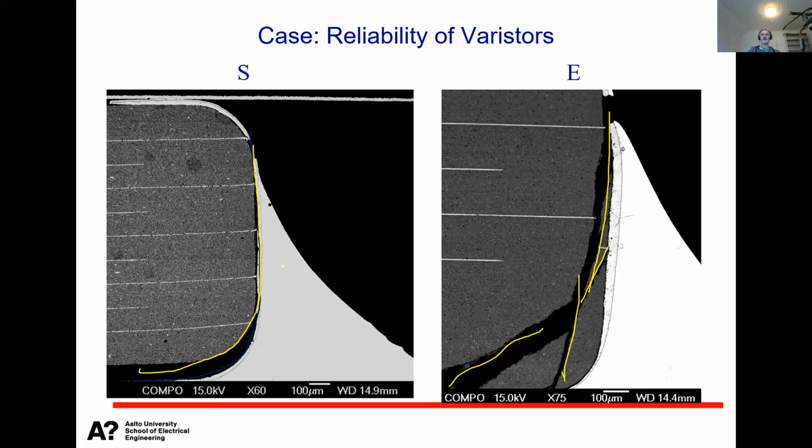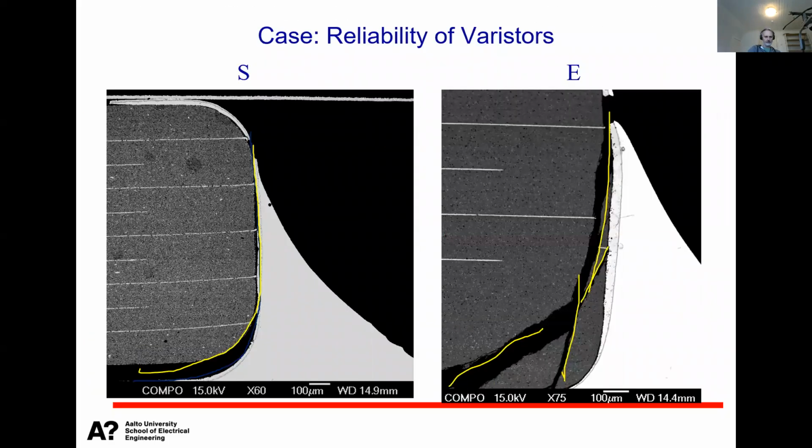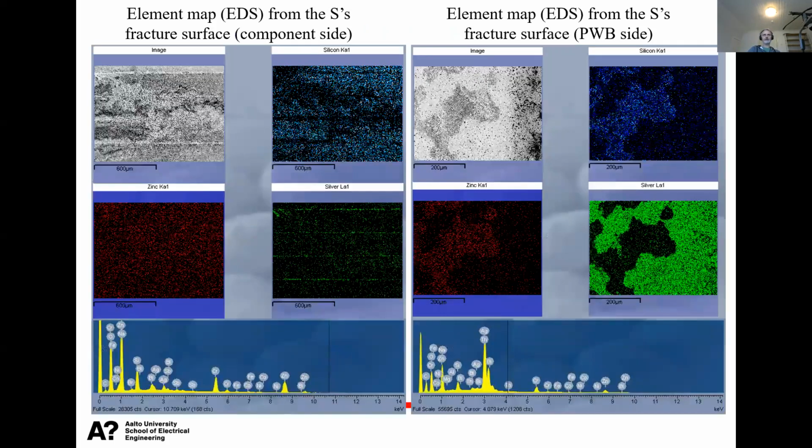And then when we studied the fracture surfaces, so this is the fracture surface from the component side and from the solder side. So, sorry, again, I will change the color. If we look at what was left at this interface and what was left at this interface, we see that both sides, from the component side as well as the solder side, there's lots of silicon here and here.